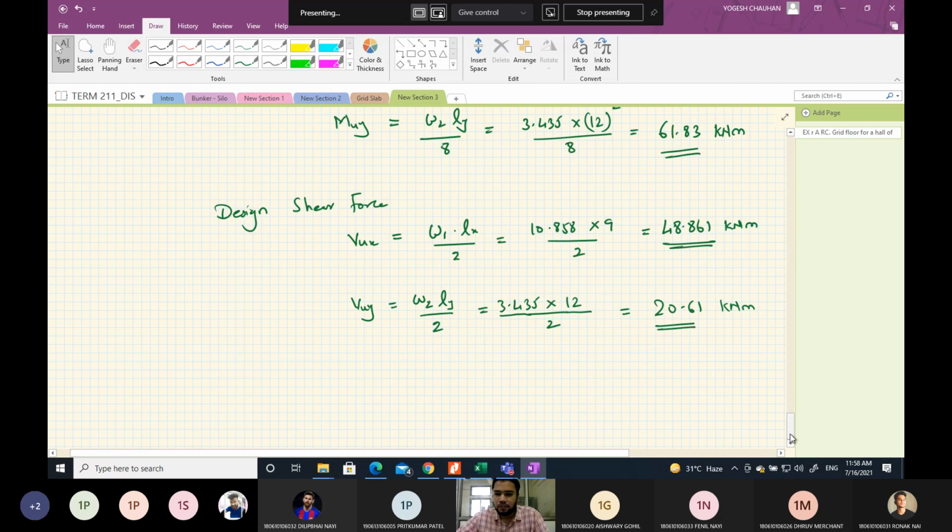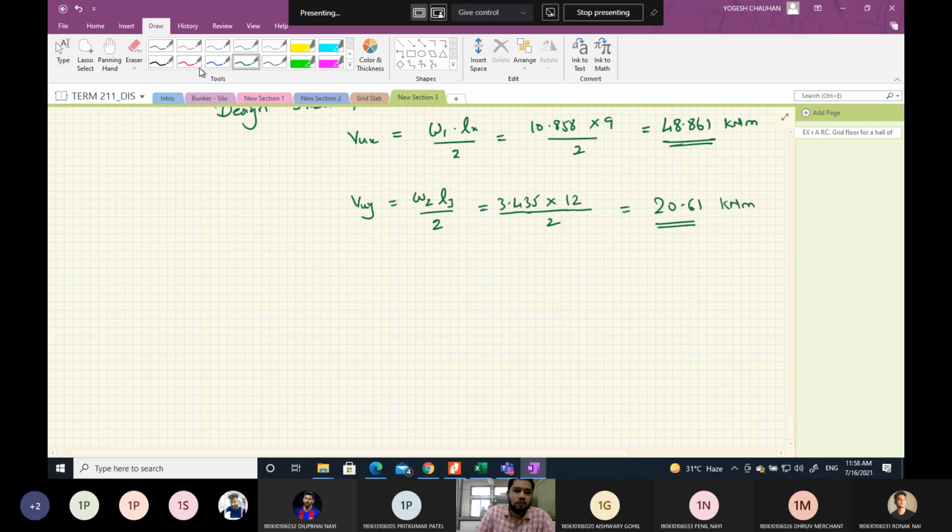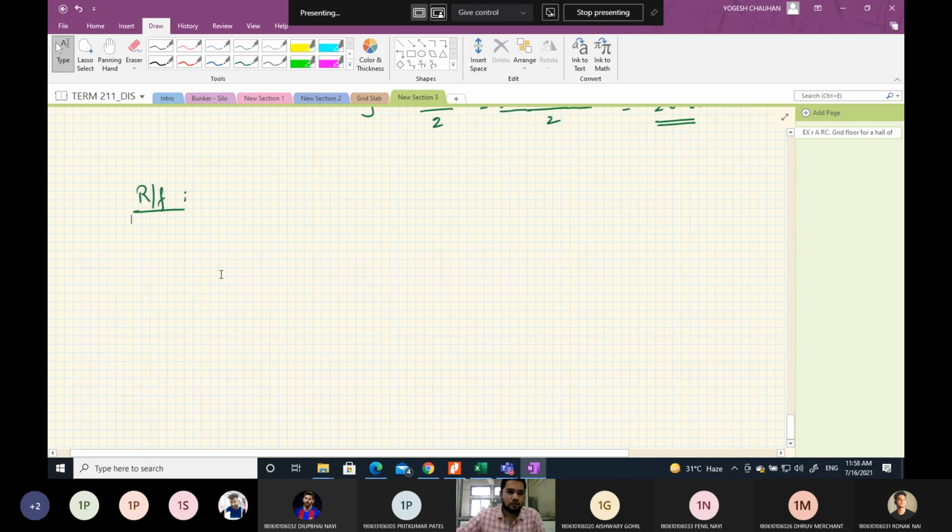Now next step is to find the reinforcement required for these design forces. So next step is reinforcement, or simply we can say design of section. Design of T-beam, that is our read.